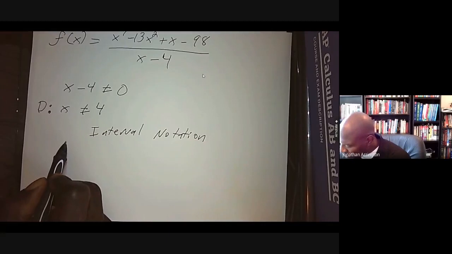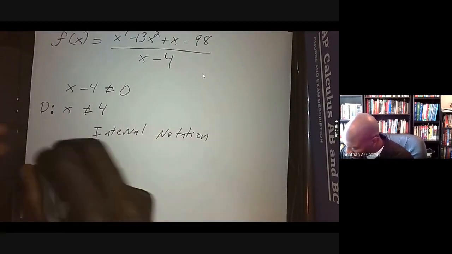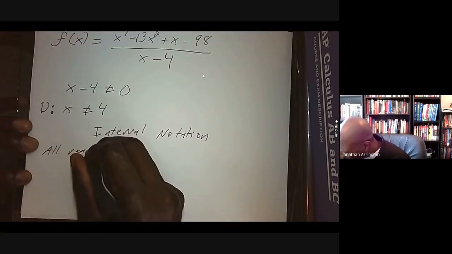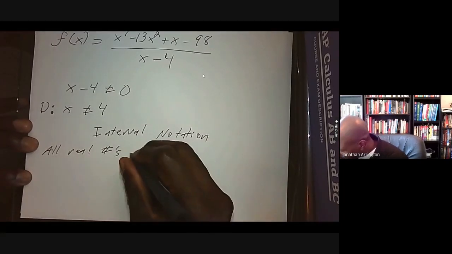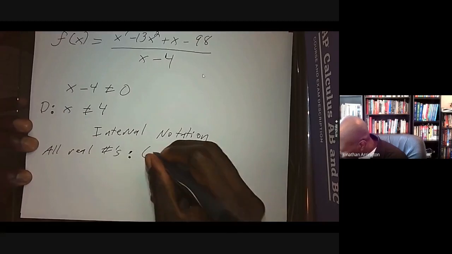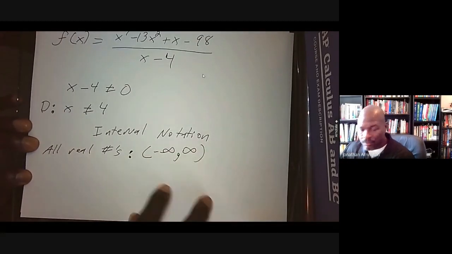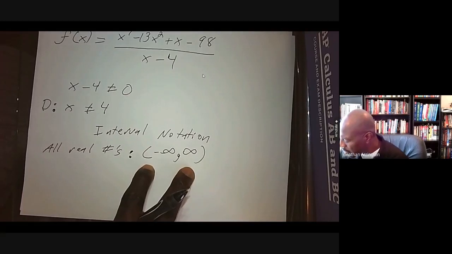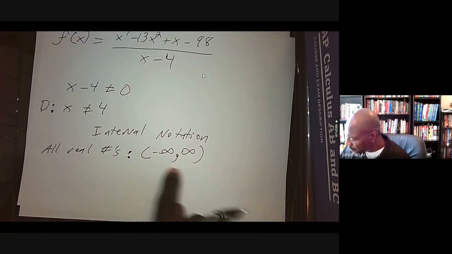So interval notation is actually an interval. And in fact, to kind of explain it, all real numbers in interval notation is negative infinity to infinity. That's how you express all real numbers. Interval notation is a notation that expresses items in order from least to greatest as you go from left to right.